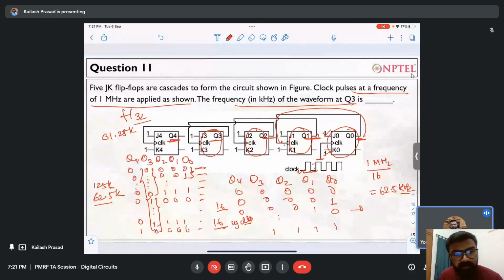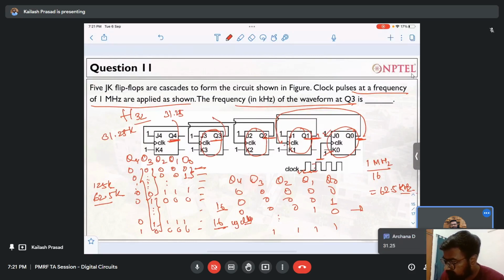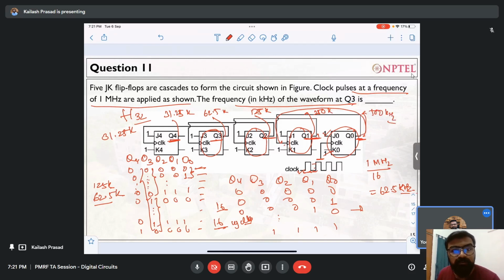So the frequency of this node is 31.25, this node is 62.5, this node is 125, this node is 250, and this node is 500. Everything is kilohertz. Everybody, did you get this part? Please respond.